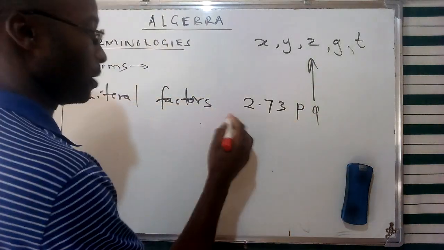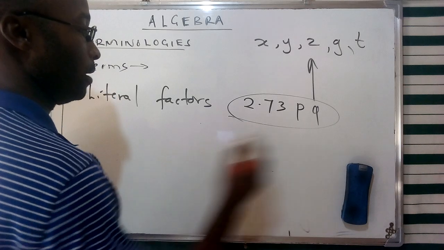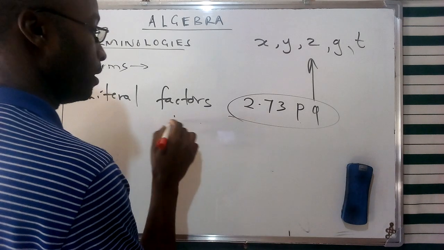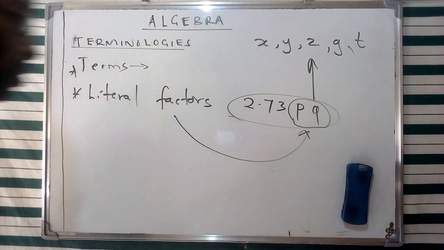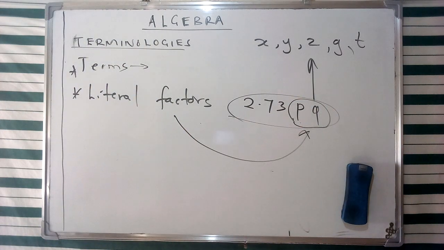So for this particular expression, the literal factors are P and Q. So the P and Q constitute the literal factors of that specific expression.